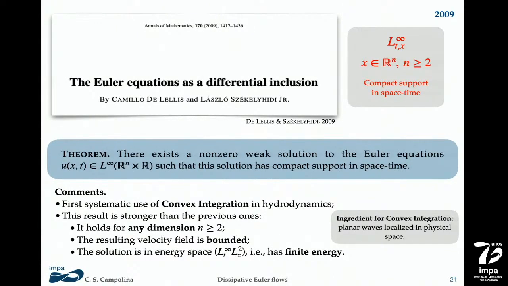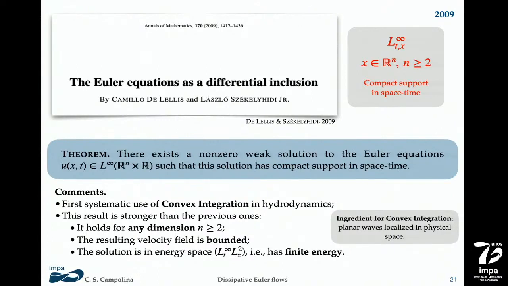And the solution is in energy space because it's in L infinity with compact support in time, so we can integrate the square of this object. So it has finite energy, which are very nice physical conditions we demand from the solutions. So it's very interesting that we have these additional conditions.